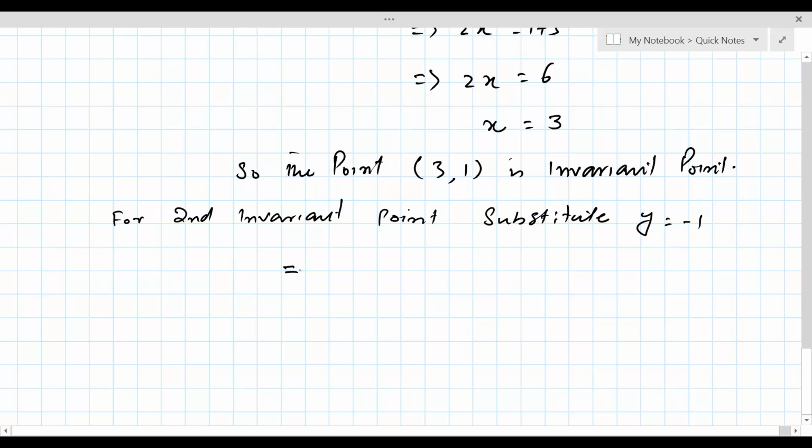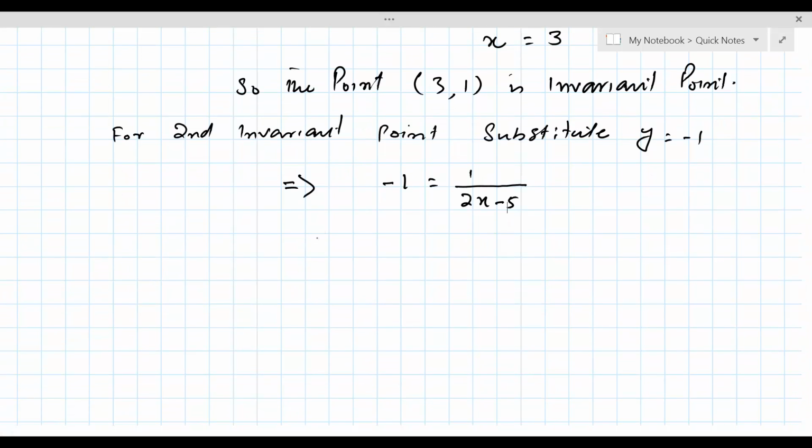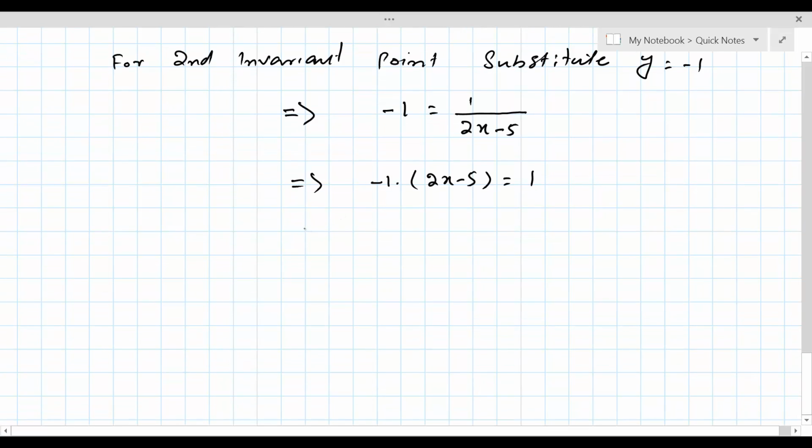If we substitute y is equal to minus 1 in the given equation for the reciprocal function, this will be minus 1 equal to 1 over 2x minus 5. This means minus 1 times (2x minus 5) equal to 1, or this will give us 2x minus 5 equal to minus 1.